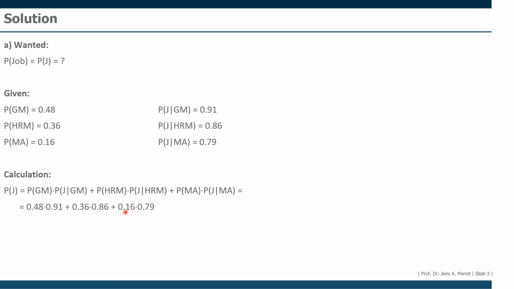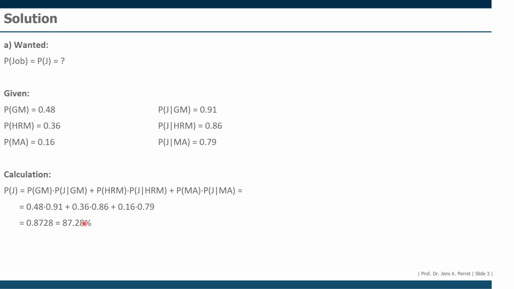This will look as follows. And then we can put this into the calculator, giving us a final result of 87.28%. That's also a value which looks decently well. Why can I say this? Because the total probability is something like a weighted average of the conditional probabilities.